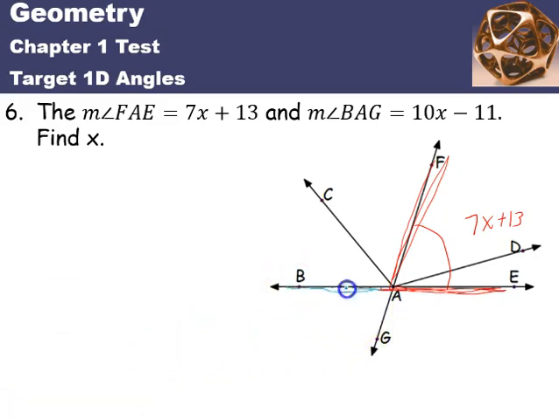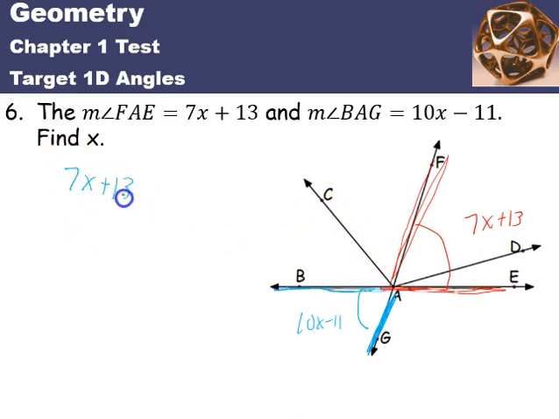So BAG is this right here. And notice this is a straight line, this is a straight line, so this is an x. And so when two angles make an x, then they are vertical angles. Sorry, this is 10x minus 11. So they're vertical angles, that means they're equal.